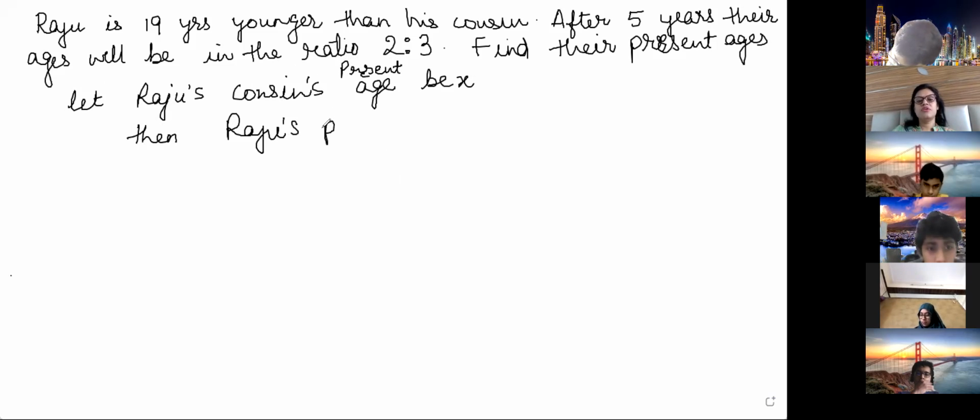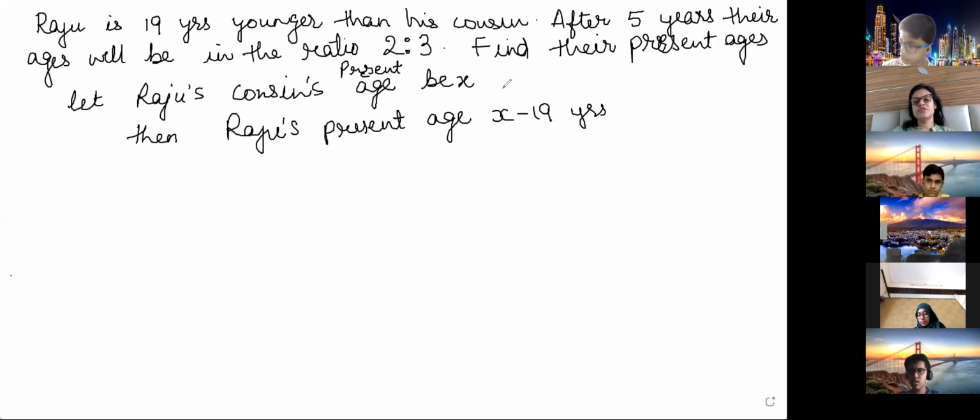Then Raju's present age will be how much? Raju is 19 years younger than his cousin. So the cousin's present age is x. Then what is Raju's present age? Ma'am, x minus 19. Yes. So x minus 19 years. This is also years.